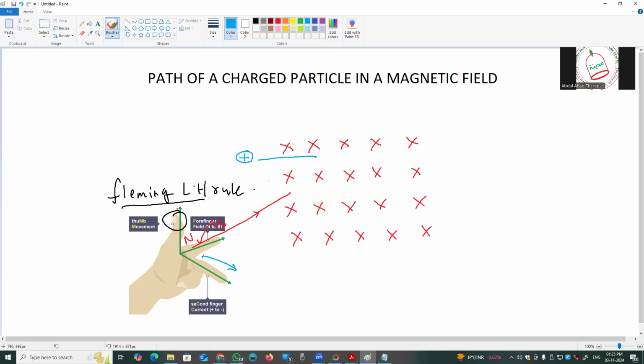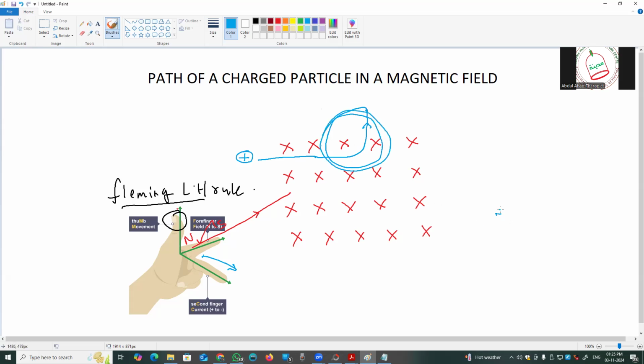So you have to make out the answer using Fleming's left hand rule. Let's say it goes inside directly. What will happen is it will experience a force and it will curve upward, for a positive charge. It curves upwards and makes a circular path inside a magnetic field like this.